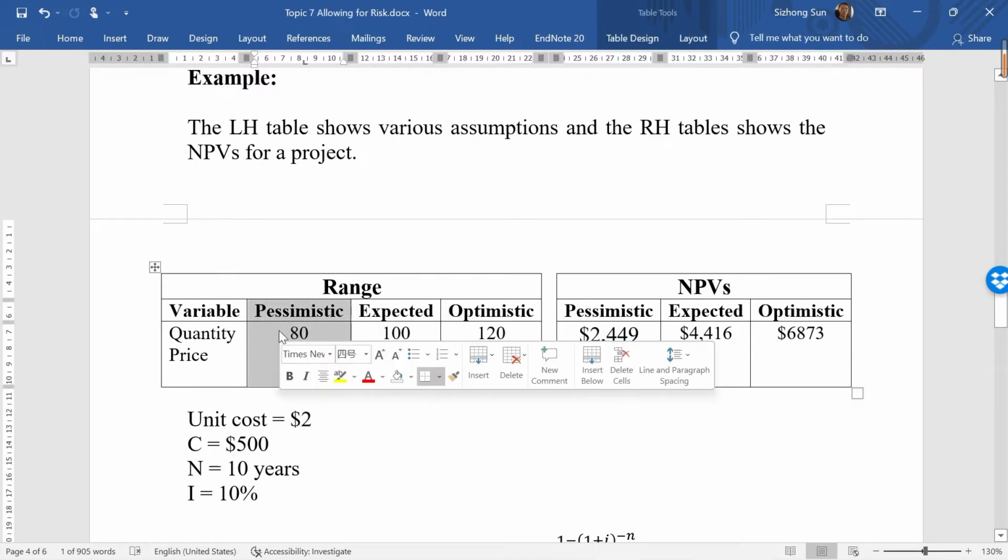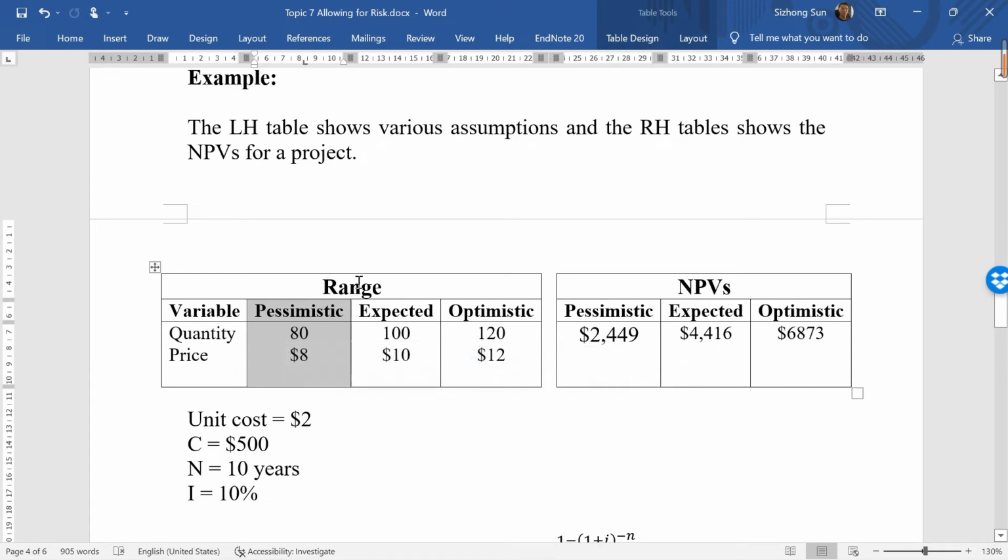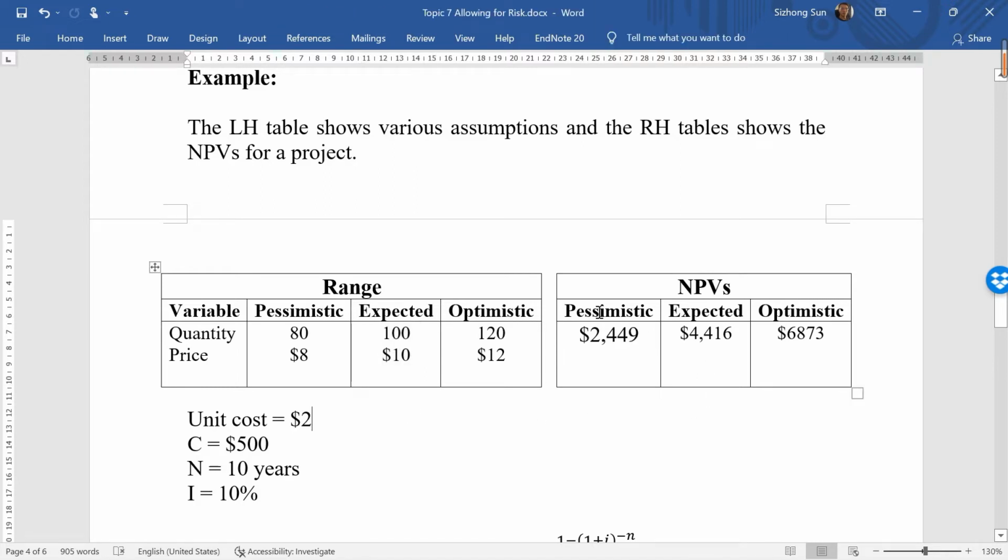In the pessimistic situation, the quantity of output will be 80 units, with a price of $8 per unit. In the optimistic situation, the output will be 120 with a price of $12. In the expected situation, output is 100 with a price of $10.